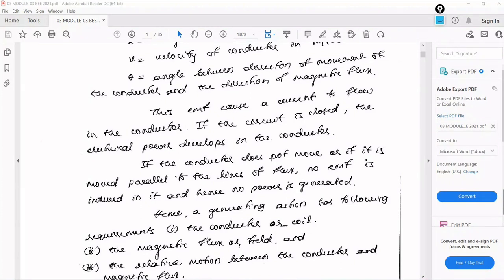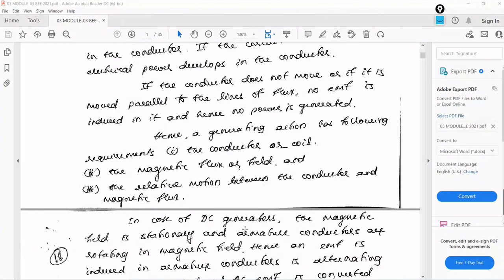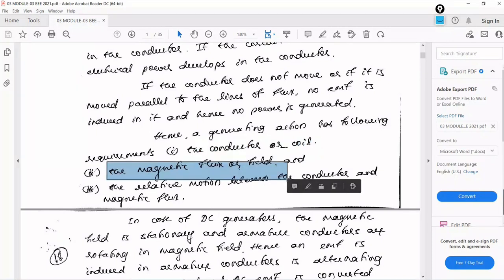But if no conductor is rotating, the flux will remain the same, so obviously there is no generation of voltage. This is the actual operation of the DC machine as a generator. What are the requirements of the generating action? One is the conductors, another is the magnetic flux.